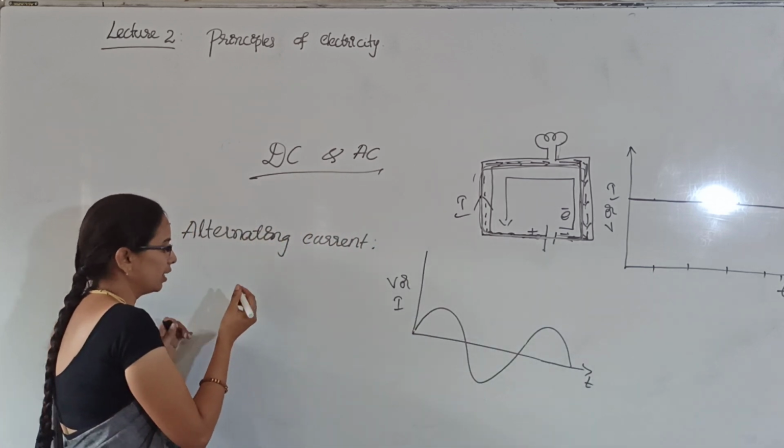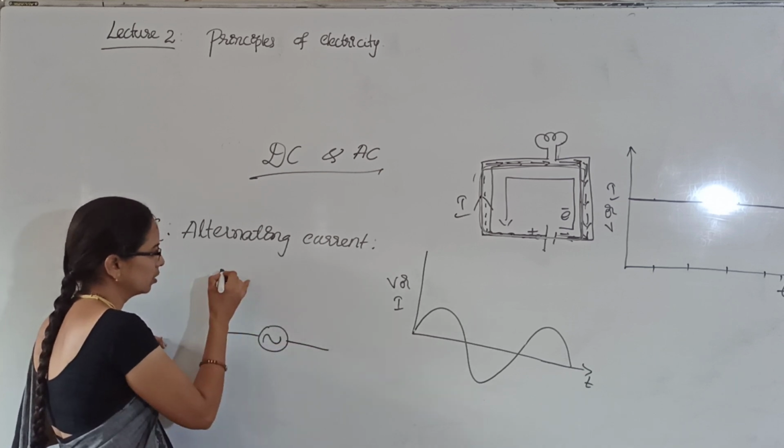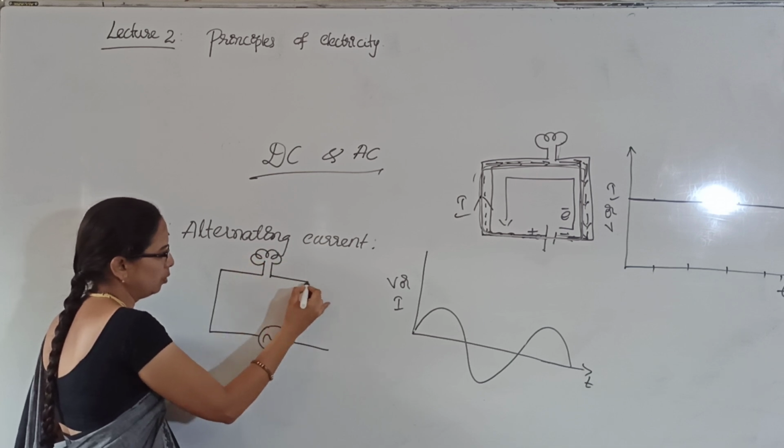That means alternating current. For example, this is the symbol of AC. I will connect a bulb over here.